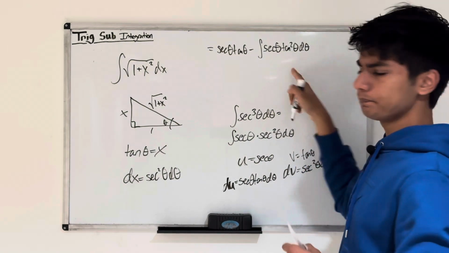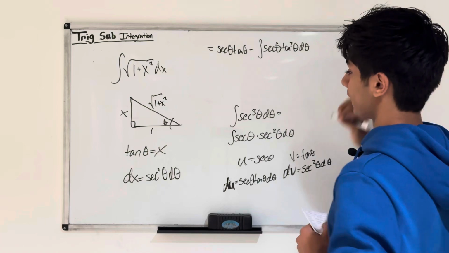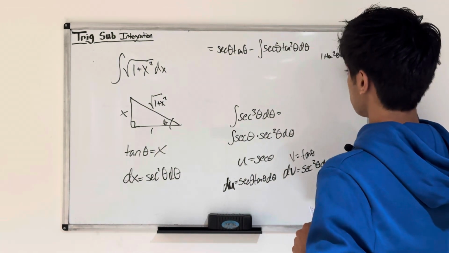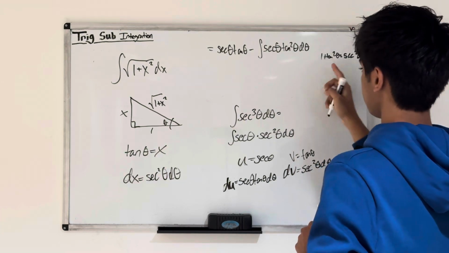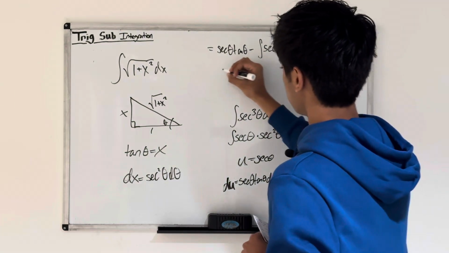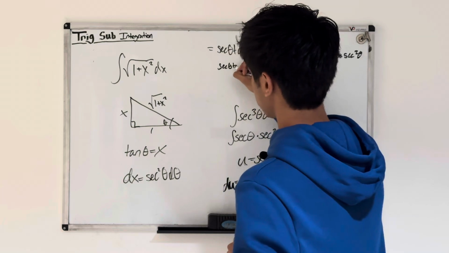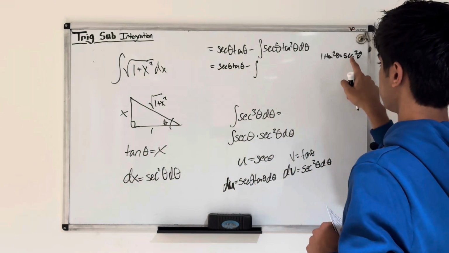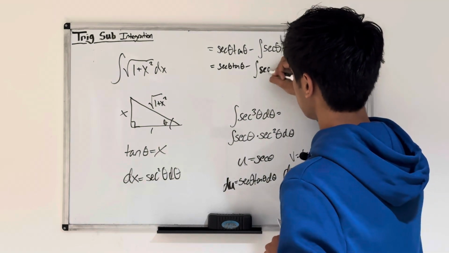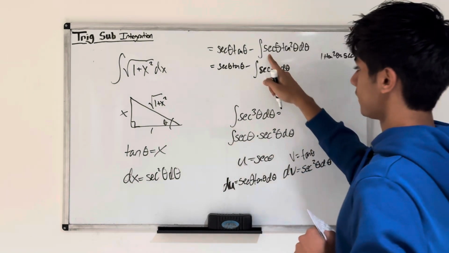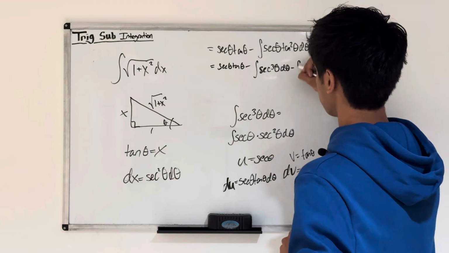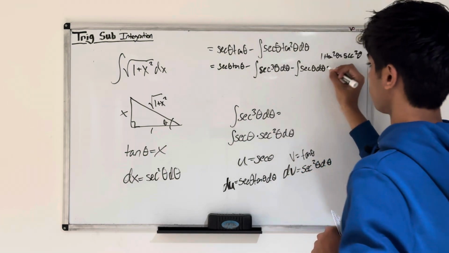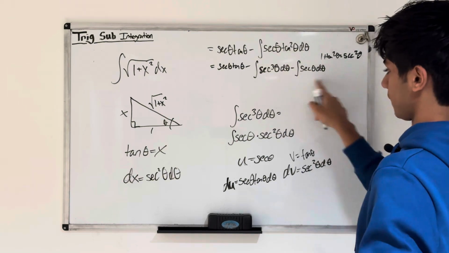We can't do any u sub here, so we say that tan squared theta, based on the Pythagorean identity, 1 plus tan squared theta is equal to secant squared theta. Therefore, tan squared theta is equal to secant squared theta minus 1. If we plug that in and expand, we get the integral of secant cubed theta d theta, because secant squared times secant theta, minus the integral of secant theta d theta, because we have 1 minus 1 times secant theta is minus secant theta d theta.